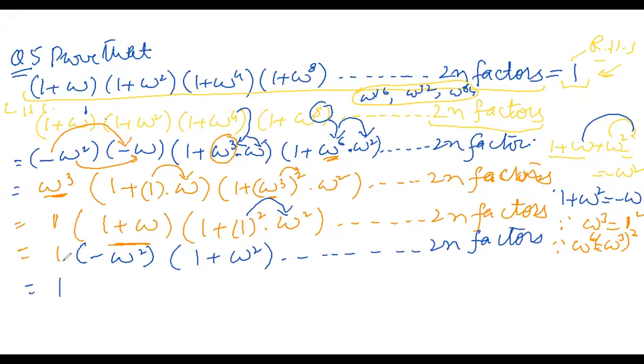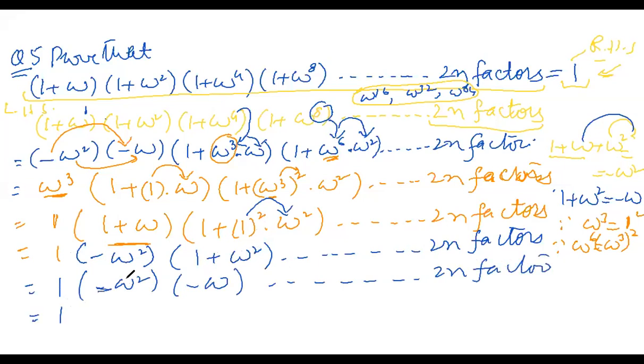Now let 1 here and minus omega square for this value. 1 plus omega cube, you are familiar, 1 plus omega square is equal to minus omega, then 2n factors. Right, my dear student.